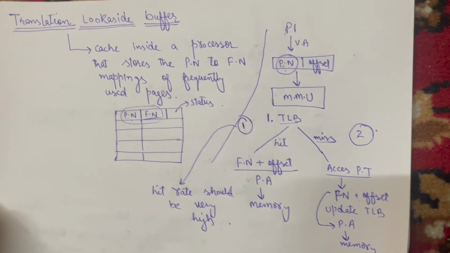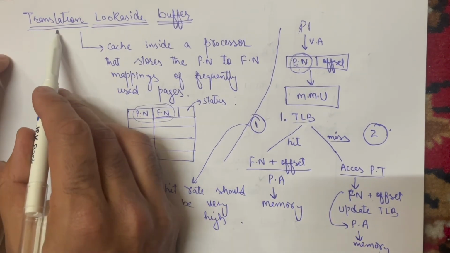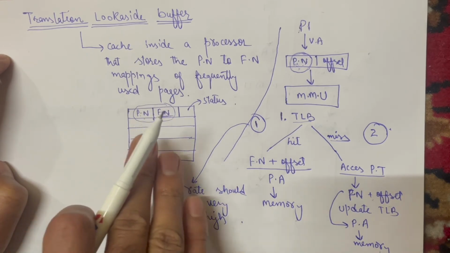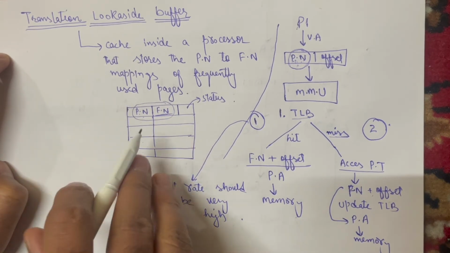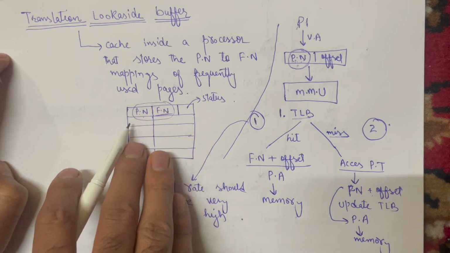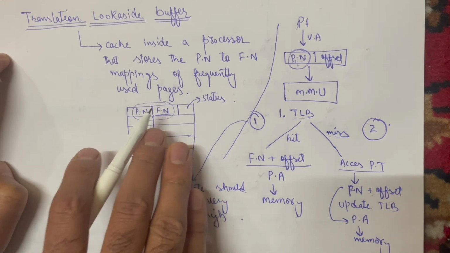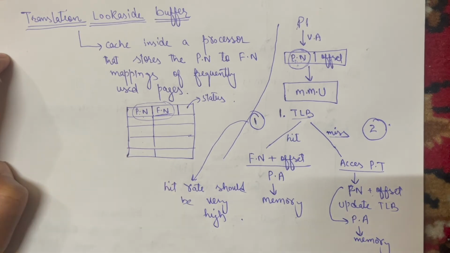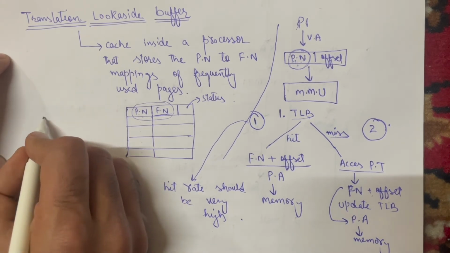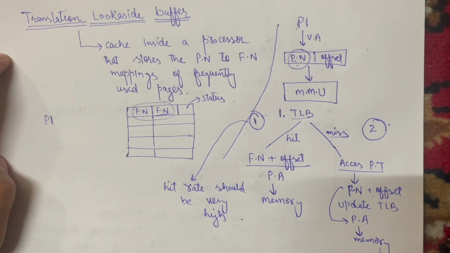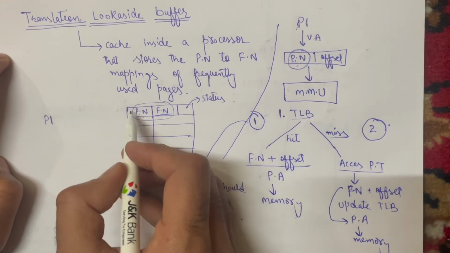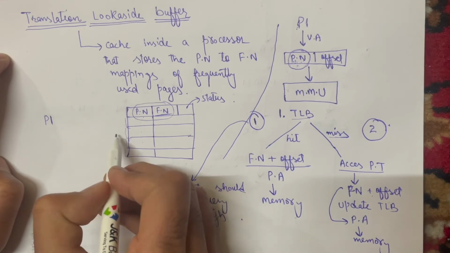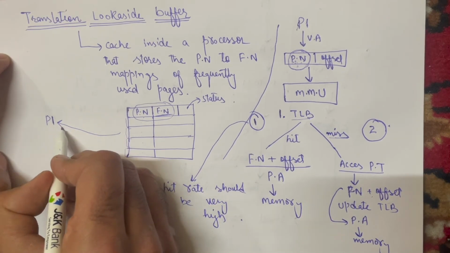Now the question arises: do we have translation lookaside buffer entries for every process, or are there multiple entries for multiple processes at a time, or do all the entries belong to a single process? If process P1 is running, then the entries in the TLB at that point all belong to P1.